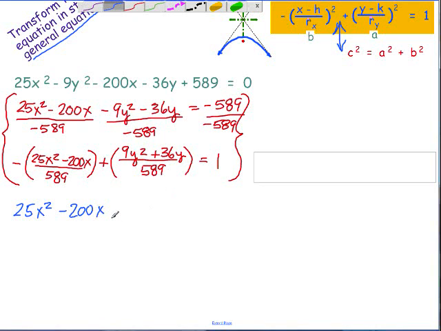And I'm going to want to add something to that. I just don't know what at the moment, because I want to have a perfect square trinomial. And then what have I got here? A negative 9y squared and a negative 36y.